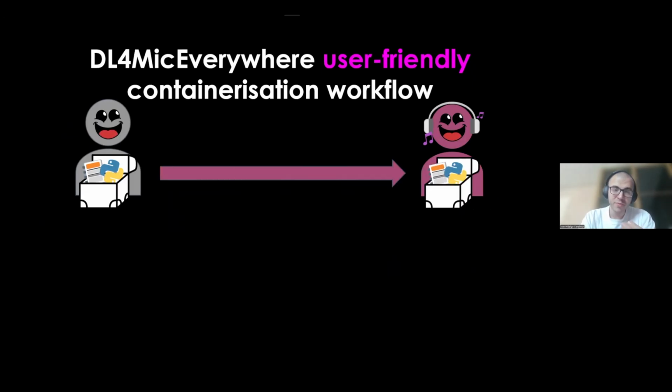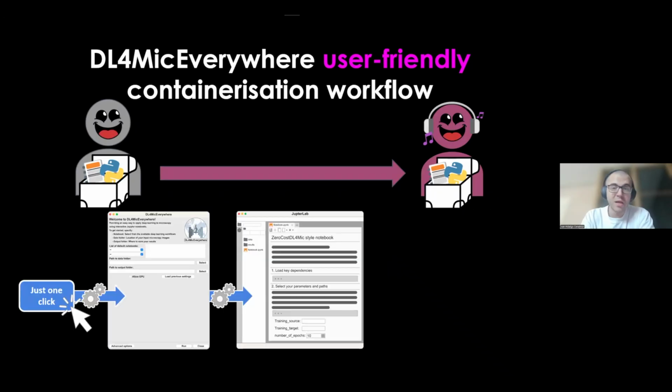So now, from the user's point of view, how is this done? How have we tried to make it as user-friendly as possible? So we did it with a one-click executable. Now we will have a demo where you just have one file, you double-click, it will check if you have Docker installed or other software that you need. And if not, it will install it for you.